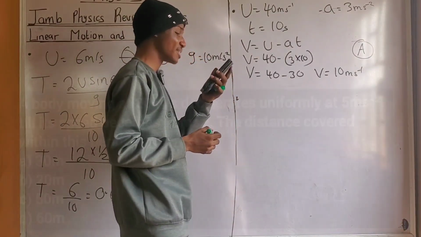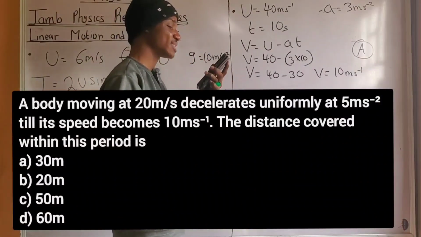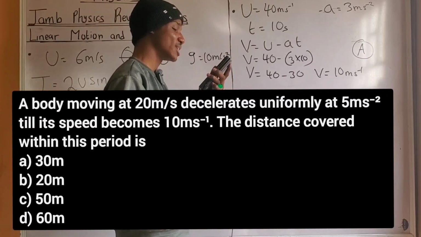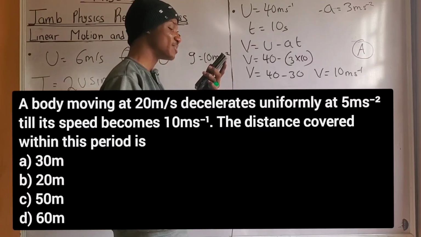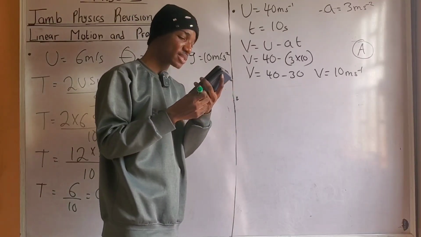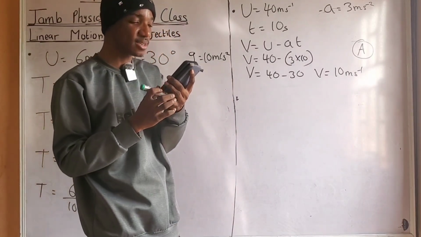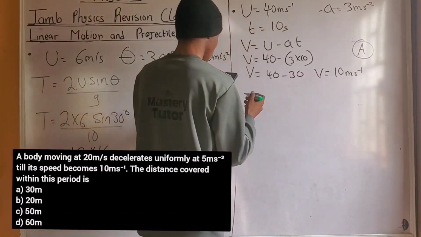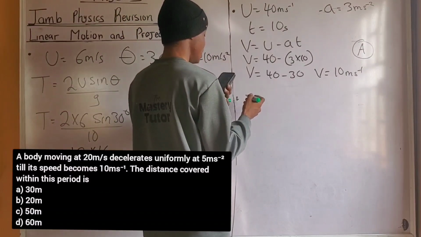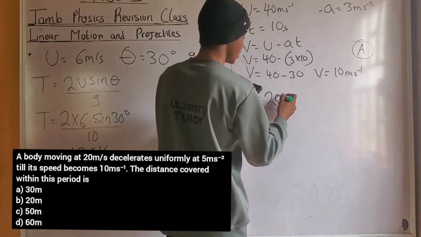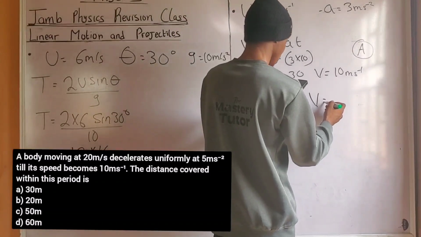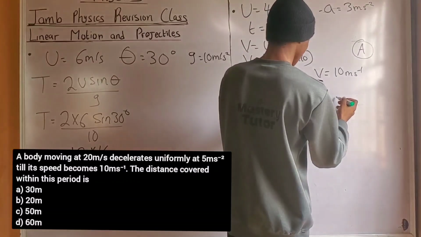A body moving at 20 meters per second decelerates uniformly at 5 meters per second squared till its speed becomes 10 meters per second. The distance covered within this period is A 30 meters, B 20 meters, C 50 meters, and D 60 meters. We are told that the initial velocity u is 20 meters per second, and the final velocity is equal to 10 meters per second.